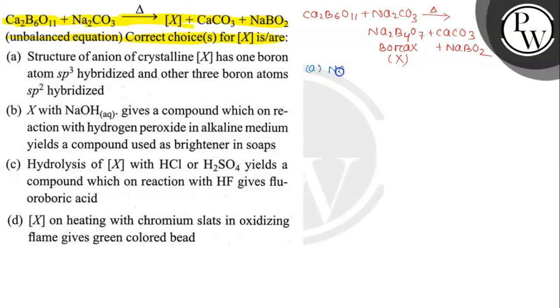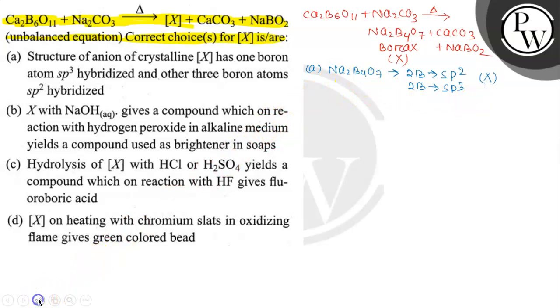But in borax, Na2B4O7, two boron atoms are sp2 hybridized and the other two boron atoms are sp3 hybridized. That means option A is incorrect for X.